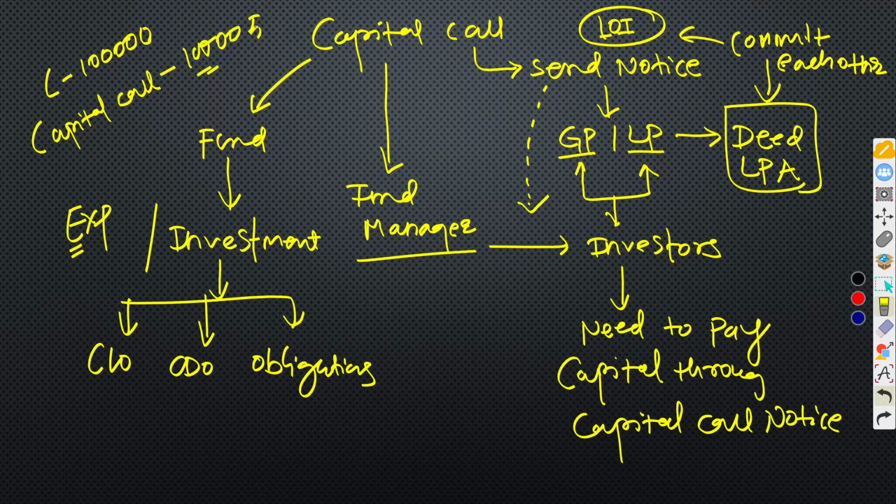So it means the capital call amount is a part of the commitment. It's like your credit card. Let's say your credit card limit is 1 lakh. So you can utilize up to 1 lakh, right? Depends. Let's say this time you're looking for 10,000 only. So you can withdraw or spend 10,000 only.